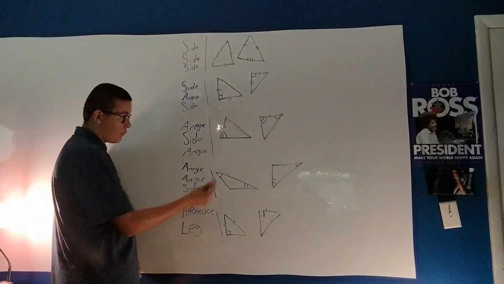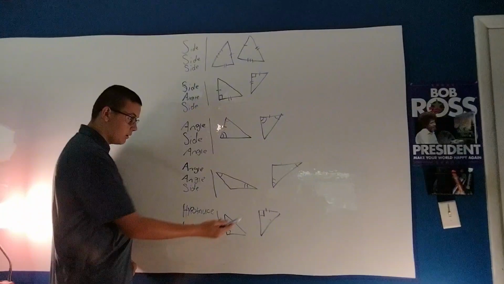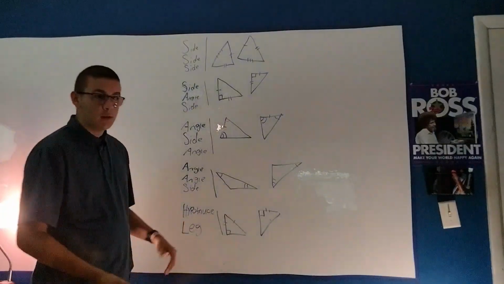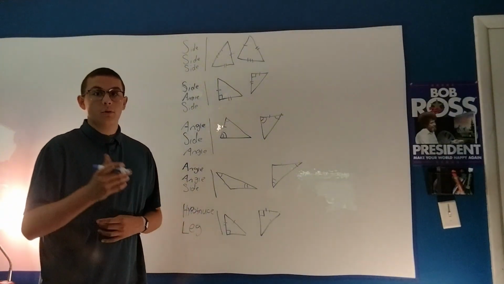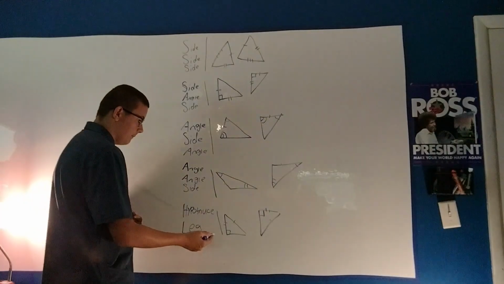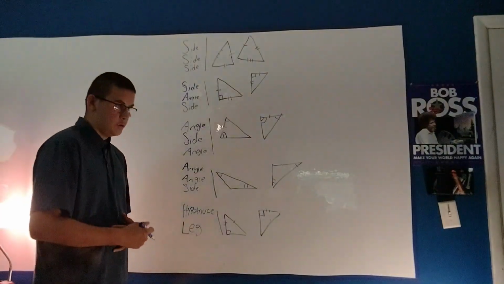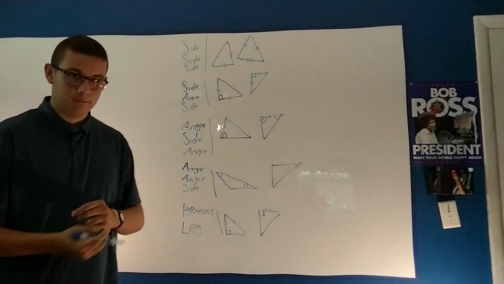And you still have three pieces of information because these right angles are also congruent, but because of the right angle congruency theorem, you don't have to write that out.